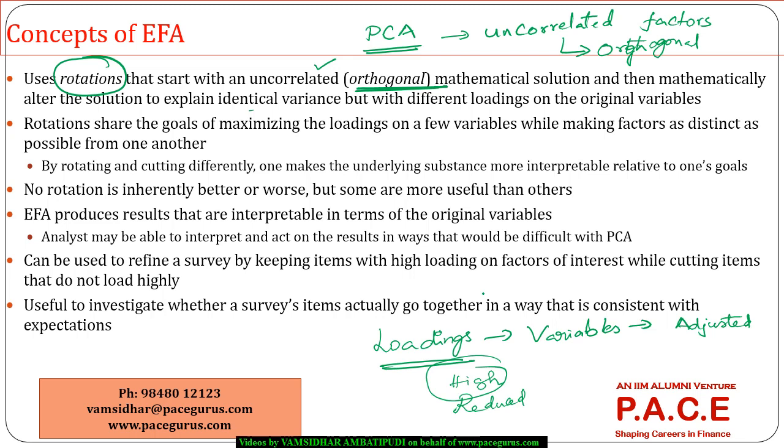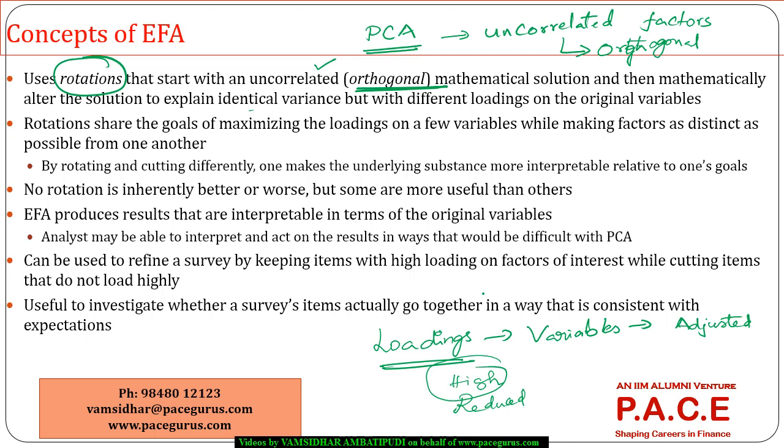Which means initially there will be a base solution which is an uncorrelated solution itself, but within that uncorrelated solution different combinations of the loadings will be tried out, keeping the overall variance still the same.